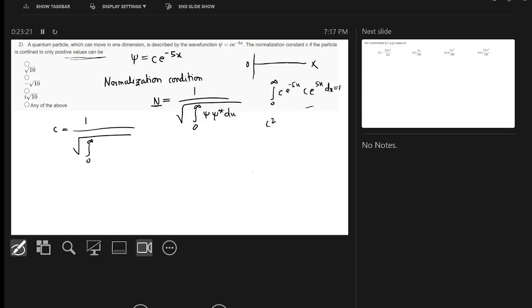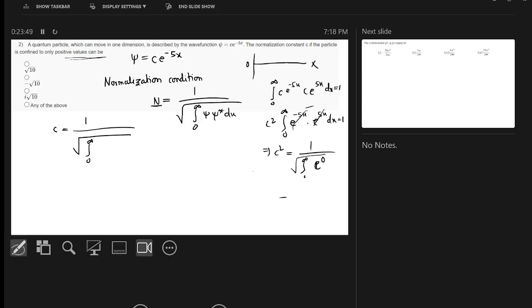So c square times the integral from 0 to infinity of dx equals 1. The exponent terms will cancel out, giving e to the power 0, which is 1. So c square is 1 by the integral from 0 to infinity of dx.